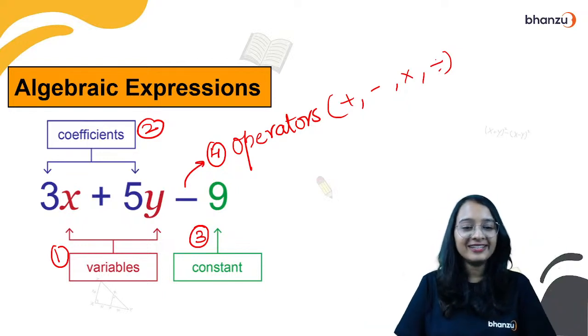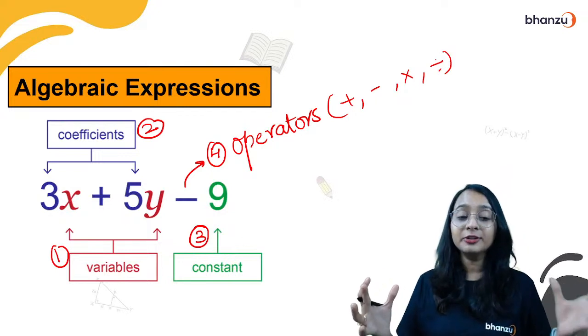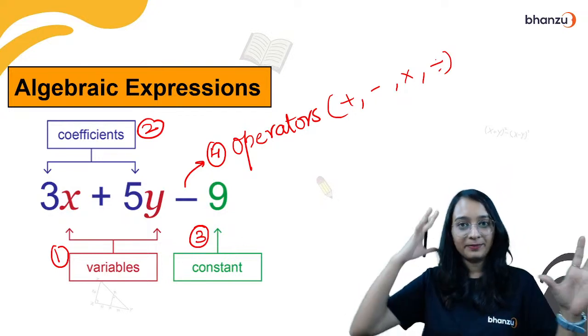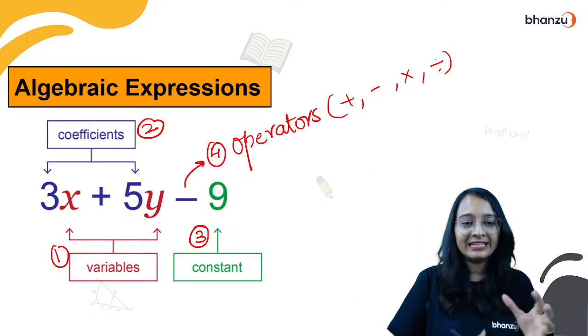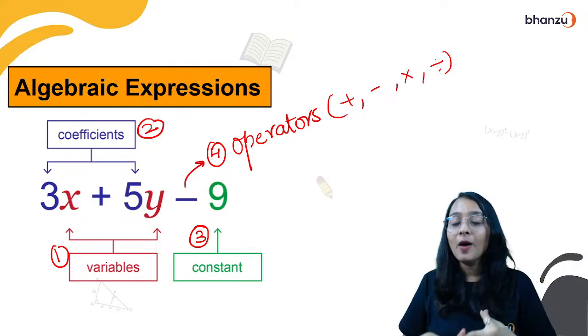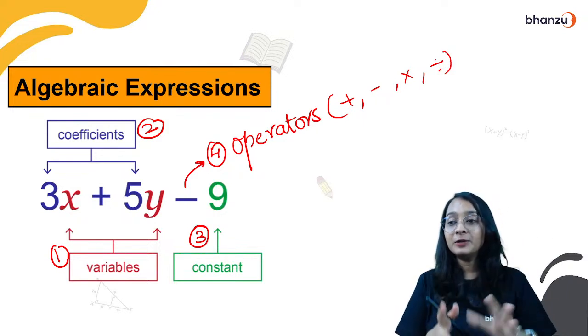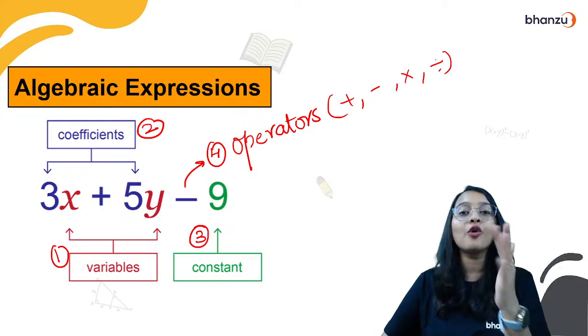Okay? All right? Chalo. Now, what are the ingredients that we require to make an expression? Just like the biryani example that I've given, we need variables, we need coefficients, we need operators, and we need constants. Now, what is the difference between a constant and a coefficient?